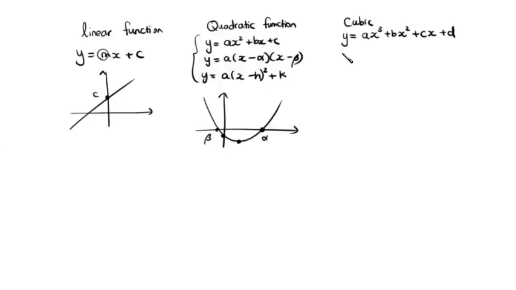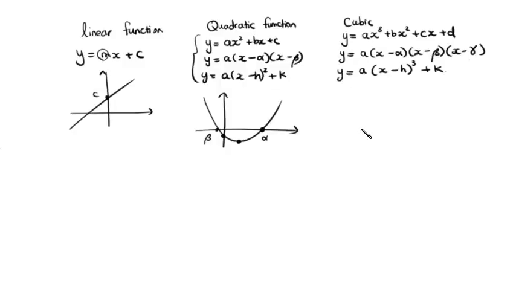Another form is the factorized form, which looks very similar to this one, which is a(x minus alpha)(x minus beta)(x minus gamma). Okay, and there is one other form, a(x minus h) to the power of 3 plus k. All right, so you can have that or that or that, okay?